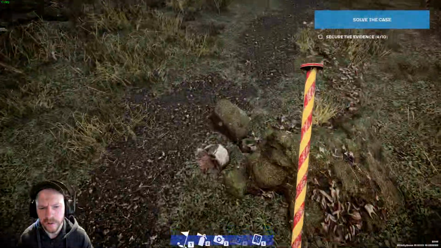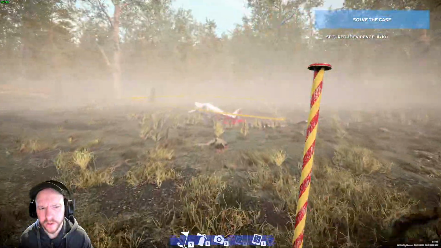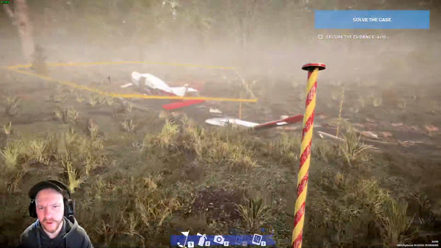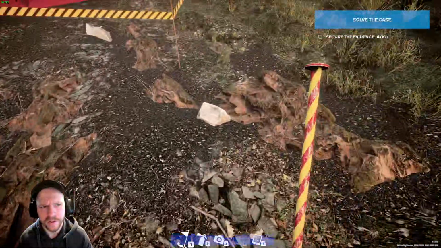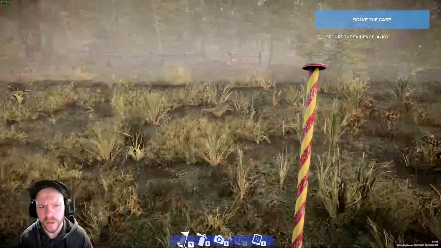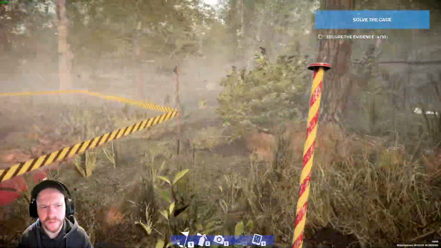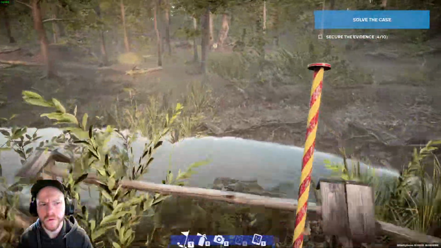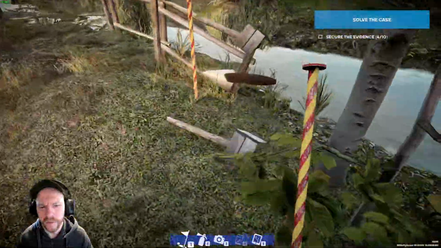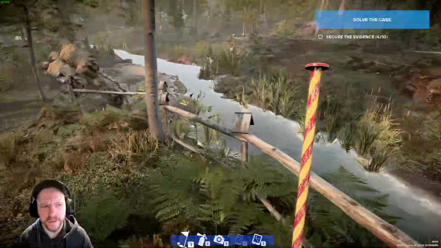What's this? Oh no, it's a rock. Okay. Let's go. Oh, is this a piece? No, that's a rock. Anything over by the fence? Okay, we have the propeller there.